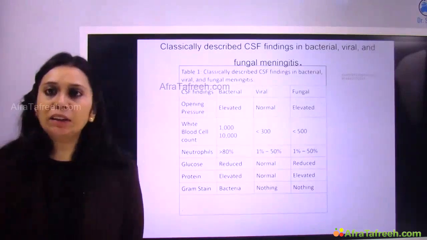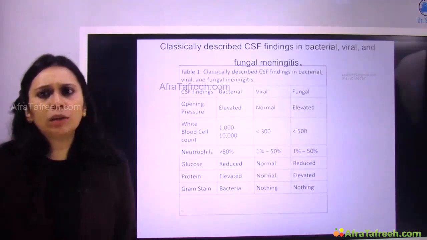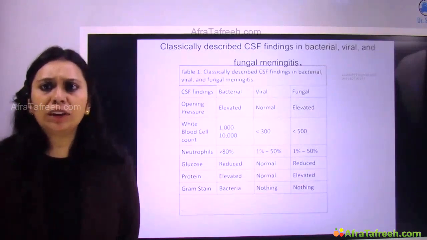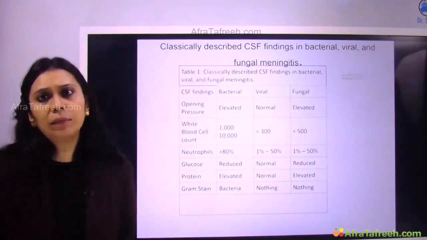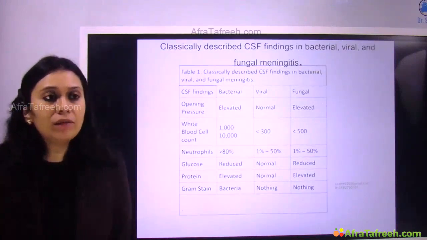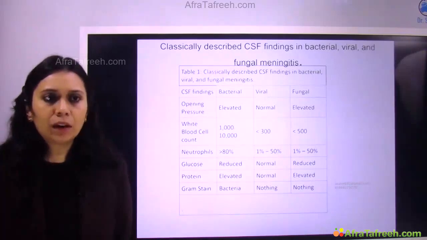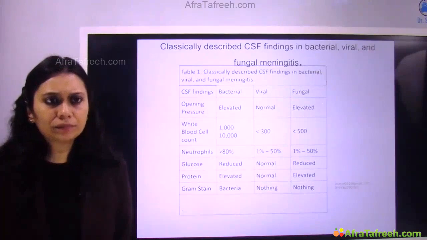So we will get bacteria in gram staining for bacterial meningitis. So mostly total TLC count, differential count, and glucose and protein level, right? Glucose is reduced and protein is elevated in bacterial meningitis. So a very fast CSF report is obtained, which can help us in focusing our treatment, right?